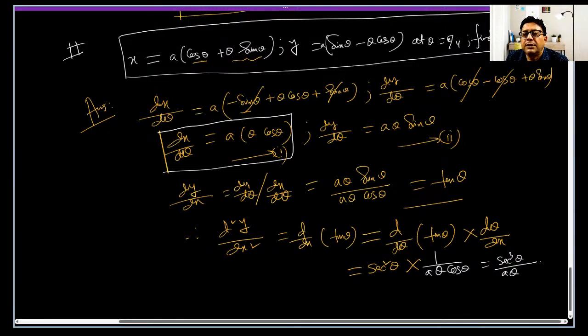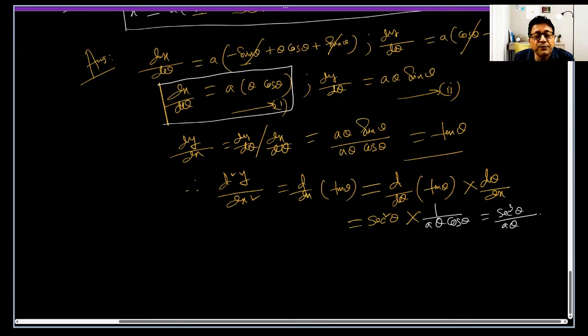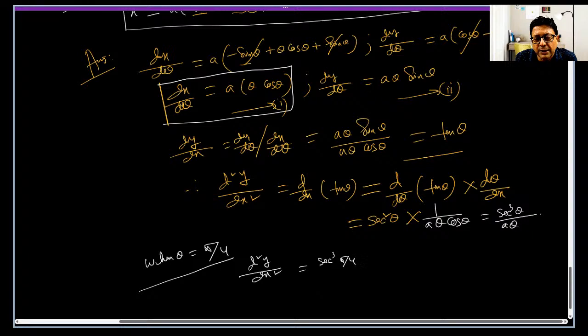Now so y2 we have got. At theta equal to pi by 4 we have to find its value. So just take when theta equal to pi by 4, d square y by dx square will be sec cube pi by 4 by a into pi by 4. Alright?